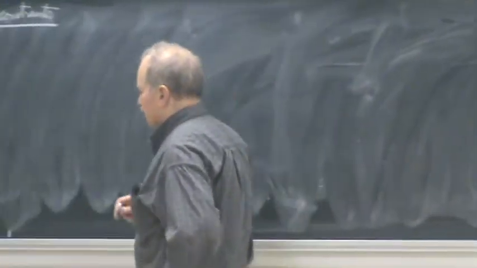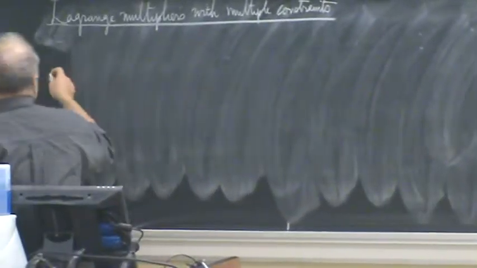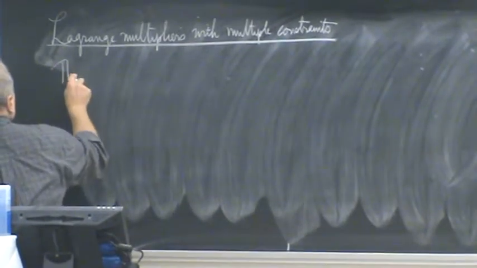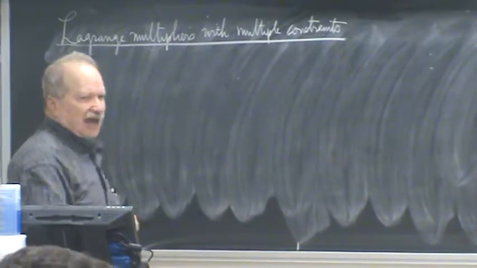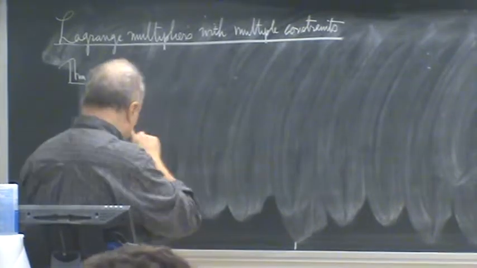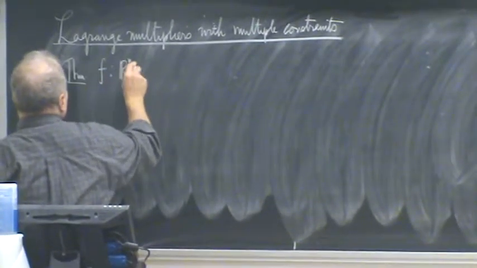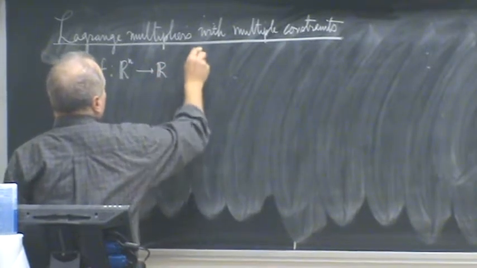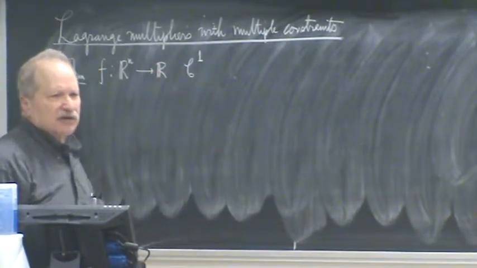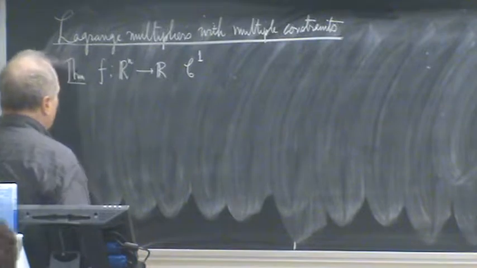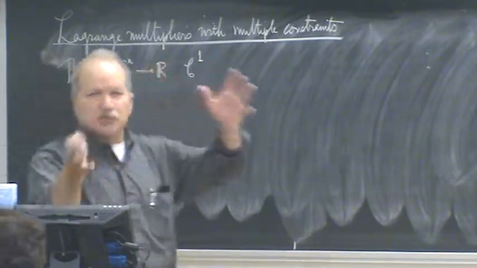So here's the basic setup. I might as well state the theorem for you, because I haven't really made anything explicit to this point. So we're studying a C1 function f on Rn, and we want to restrict it to some constraint set.